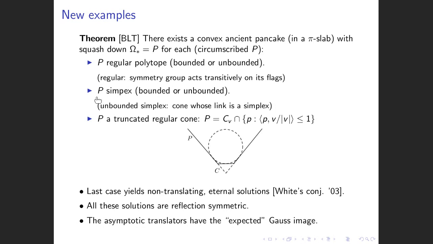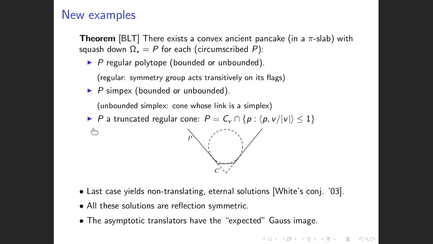We can also do P being a simplex, again bounded or unbounded. So in dimension 2, think of P being any triangle, and the unbounded simplex would be a cone over a bounded simplex.